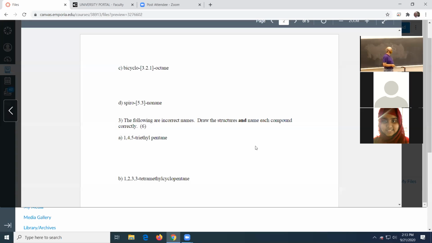And then spiro 5.3 nonane. Okay, 1, 2, 3, 4, 5, and then 3 this way.